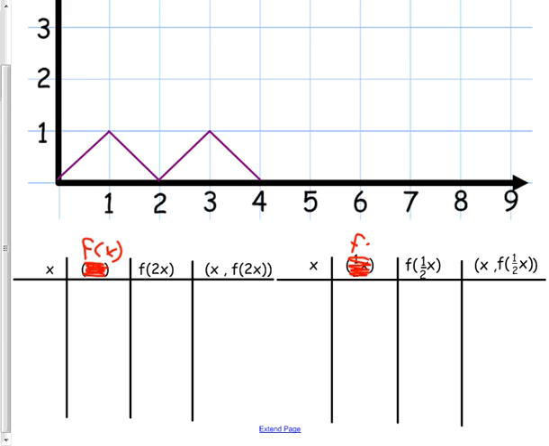Same thing over there. These are our original points. We need our original points, x comma y. So the original points are again 0, 0, 1, 1, 2, 0, 3, 1, and 4, 0.